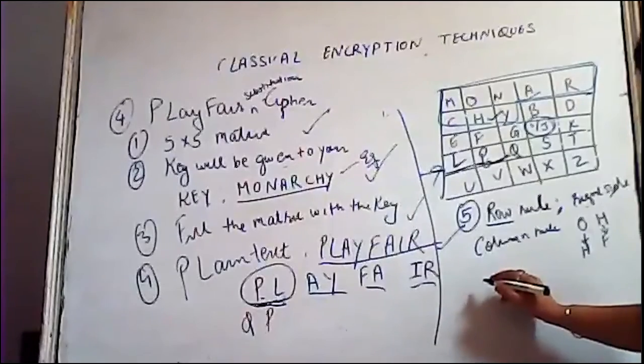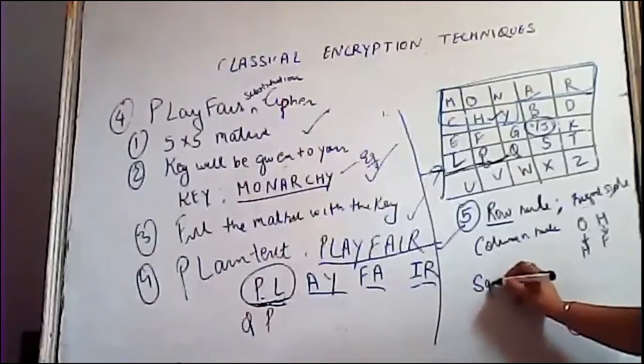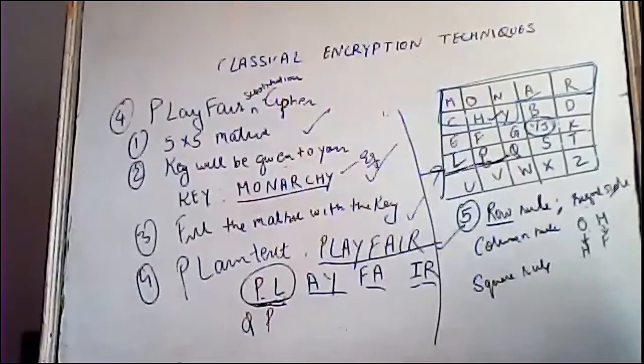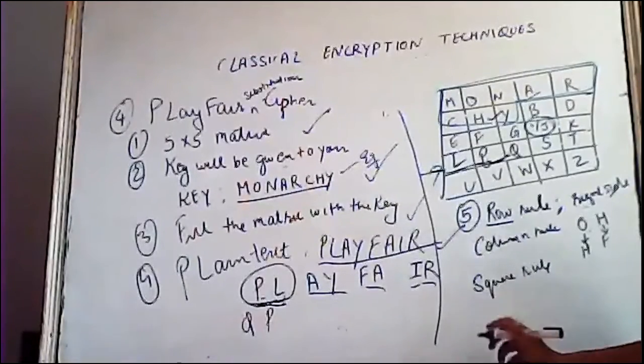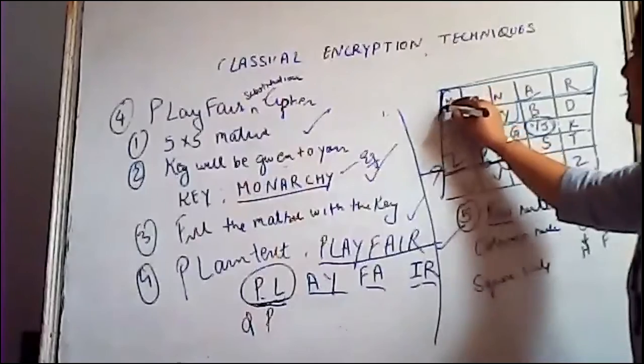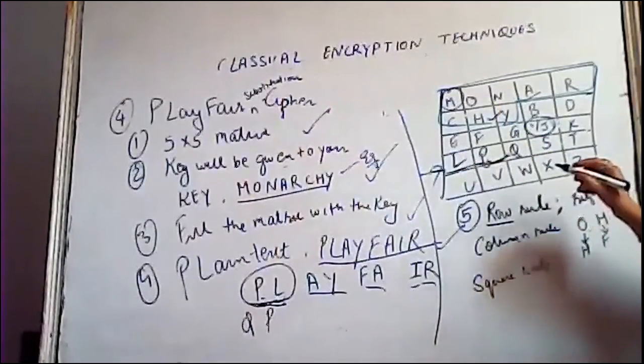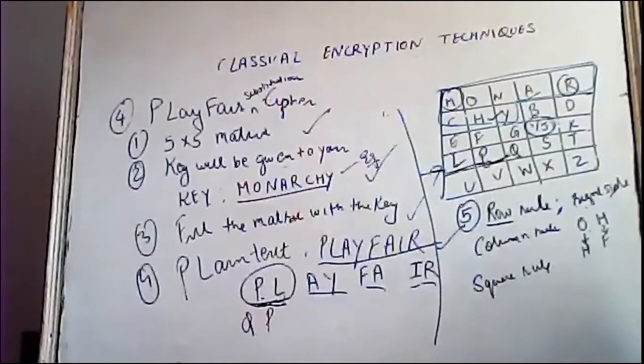The third rule is the square rule. What the square rule says is that if the alphabets form a square group, then the corresponding letter will be taken. If your alphabets follow the square group, then we have to take the corresponding letter. Now let's suppose this is the M, and you have that R with you.